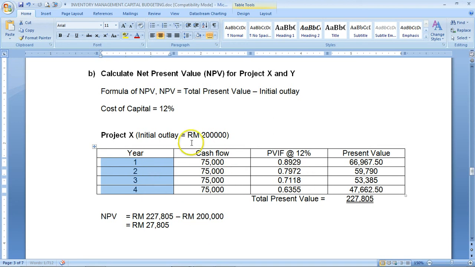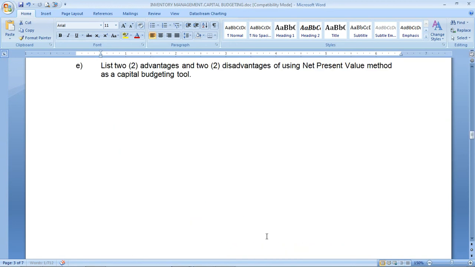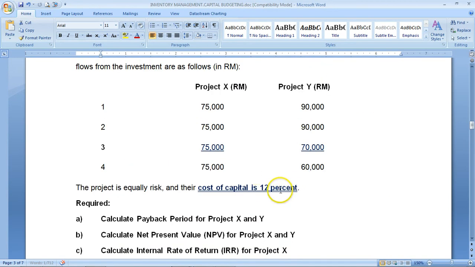So you have to draw back year 1 and the cash flow itself, year 1 until year 4, and this is your PVIF. Remember what this is? The PVIF table. We have two tables, PVIFA and PVIF. Choose PVIF. From where do I get my 12%? You can refer to the question. The cost of capital is 12%. You see? Very good.